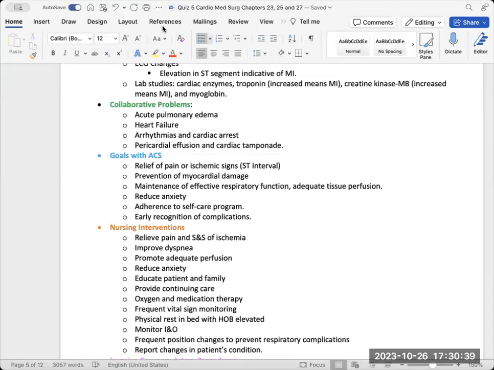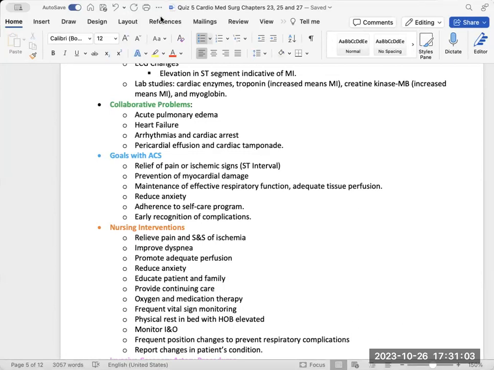When someone has a myocardial infarction and they're having that chest pain and it's unrelieved, we want to get them to a cath lab within 90 minutes because we need to open that perfusion before it gets worse. In between, we're giving them the oxygen, the nitroglycerin, the morphine, the aspirin, but that's your nursing interventions, and always go with the ABCs: airway, breathing, circulation.